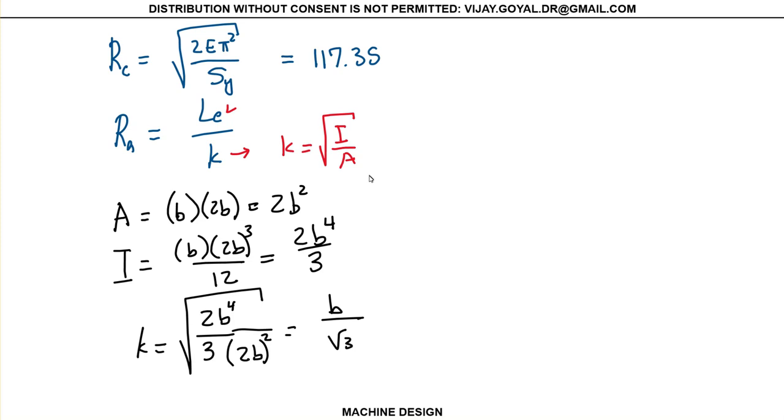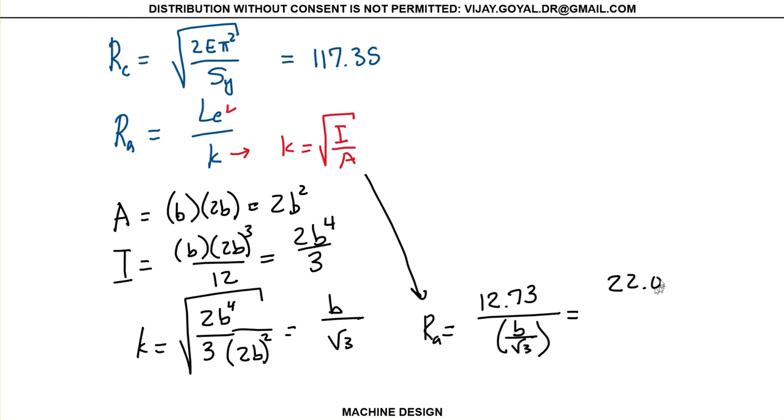And from here, RA is equal to 12.73 divided by b over square root of 3. And if we replace all these numbers, we get this value.